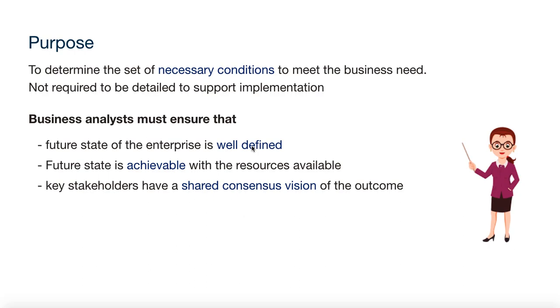The future state should be achievable with the resources that are available at hand, and it should be clear enough and well defined so that all the key stakeholders will be able to come to a shared consensus vision of the outcome. So it shouldn't be very abstract, uncertain and fuzzy. It needs to be well defined.